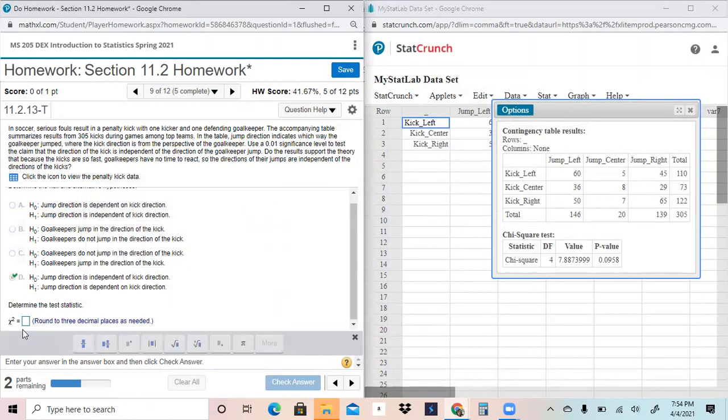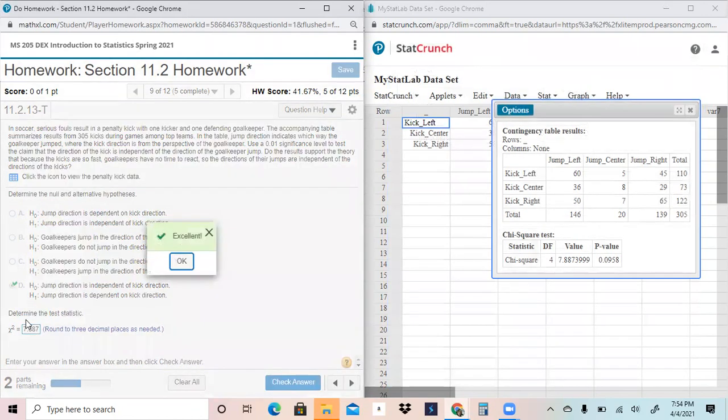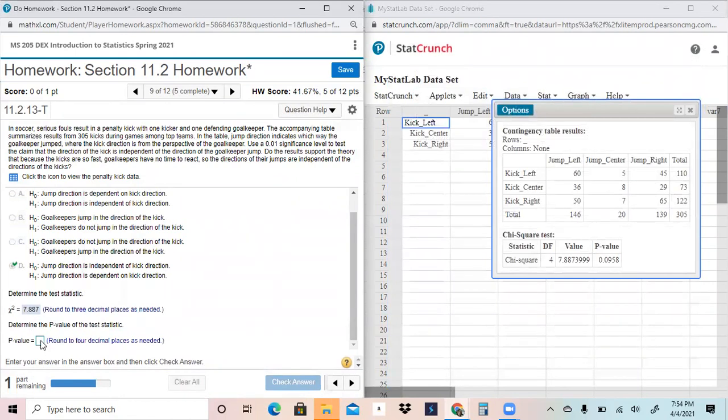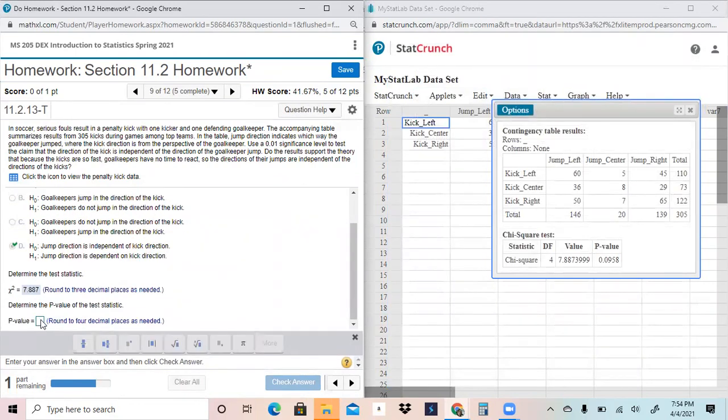So our test statistic down here is 7.887. Our p-value is 0.0958.